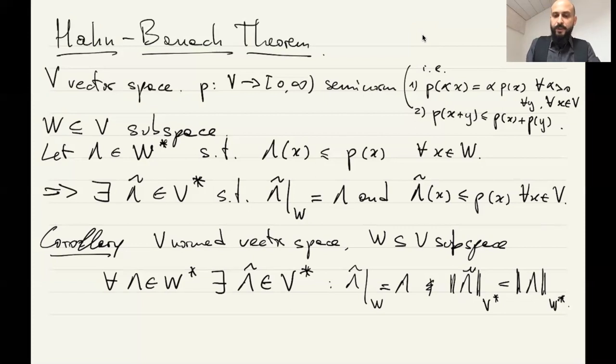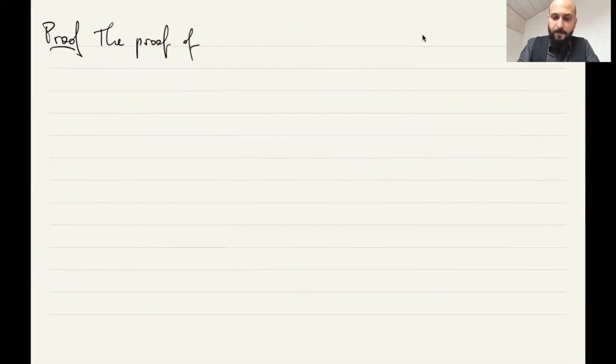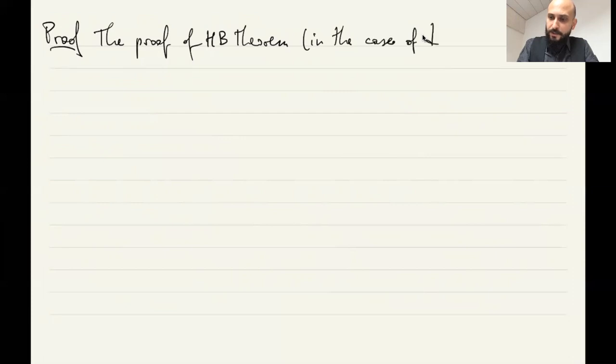So now let's prove the Hahn-Banach theorem. Proof. The proof of the Hahn-Banach theorem: for the finite dimensional case, it's very easy, but in the case of the dimension of V infinite, it relies on the axiom of choice.